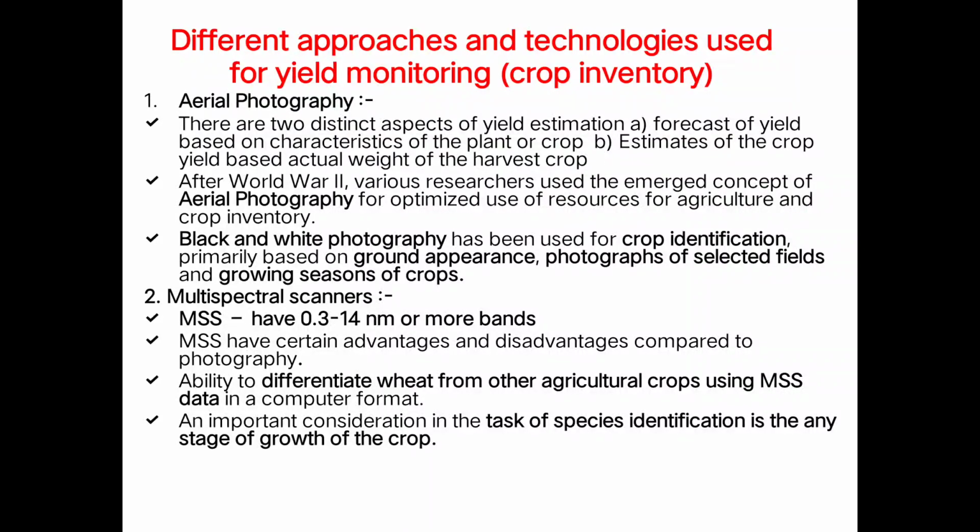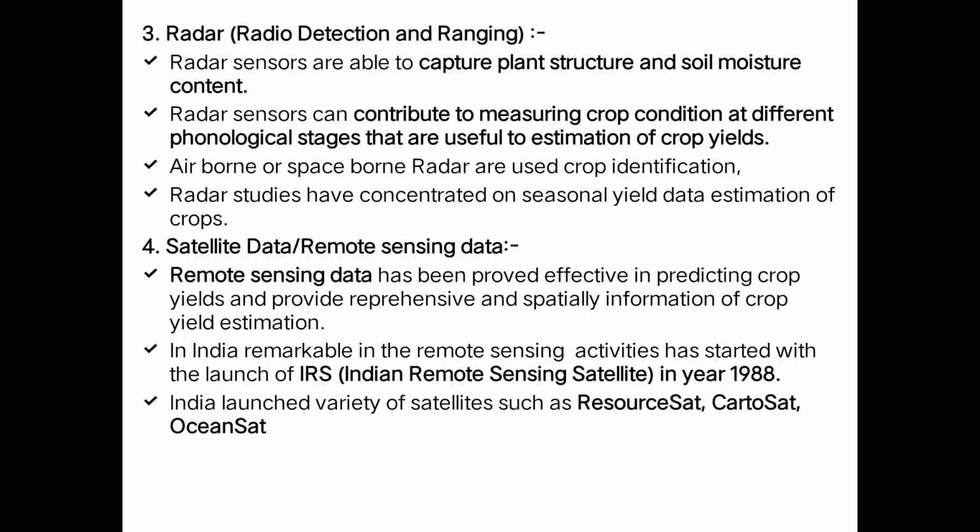Then ability to differentiate feed from the other agricultural crops using the multispectral scanner data in a computer format. An important consideration in the task of species identification is the any stage of the growth of the crop. So these are the two important approaches which is used for the crop monitoring.